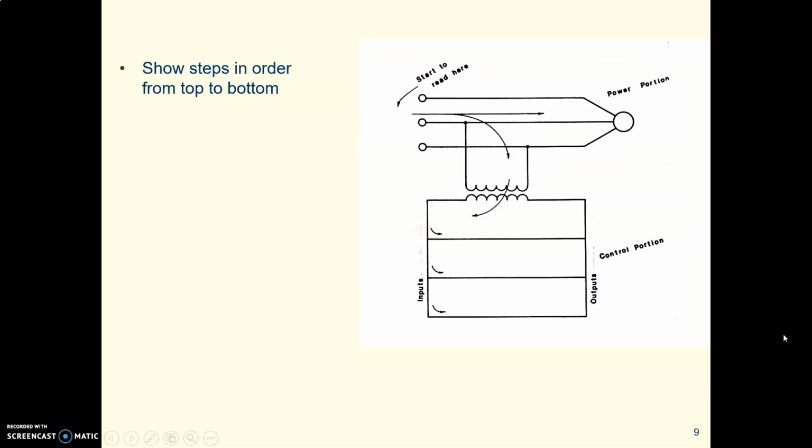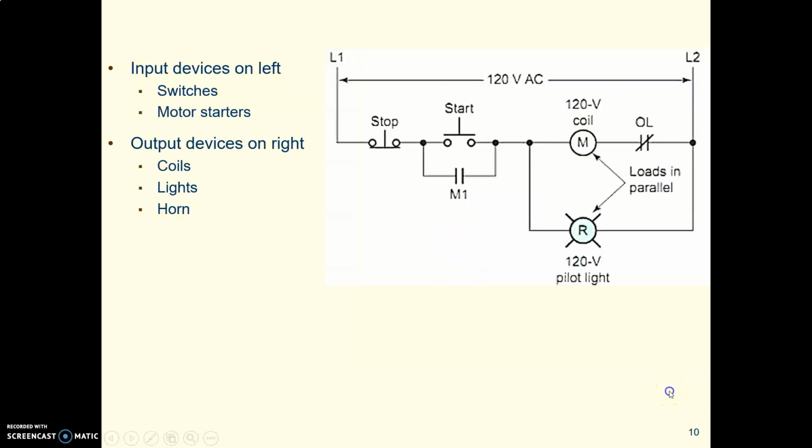When you draw this diagram, you show the steps that this circuit will follow in order from top to bottom, beginning with the power coming in off the line, going through the step-down transformer, and then one by one through each of these rungs of the ladder, controlling various steps along the way.